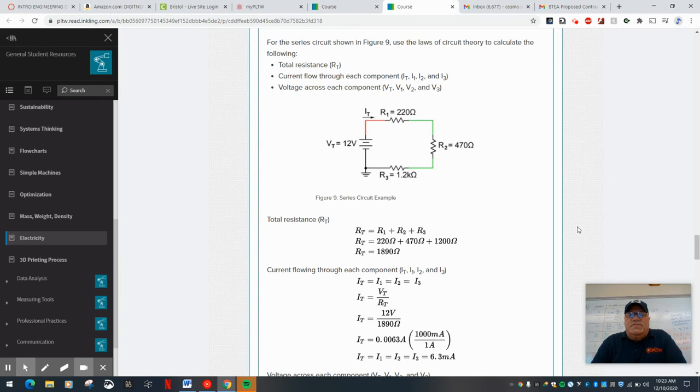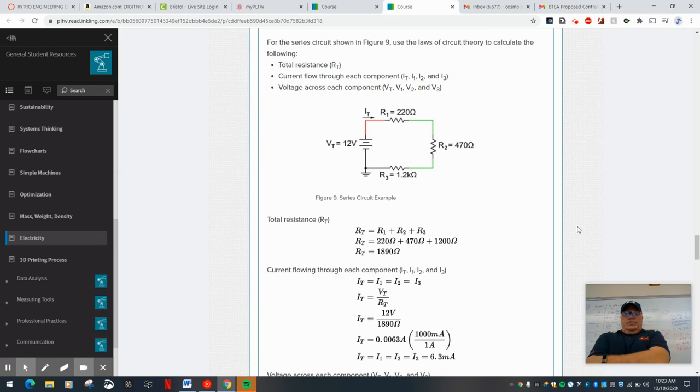Use the laws of circuit theory to calculate the following: total resistance, current through each component, and voltage across each component. So here we have a series circuit with a battery of 12 volts. We have three resistors.